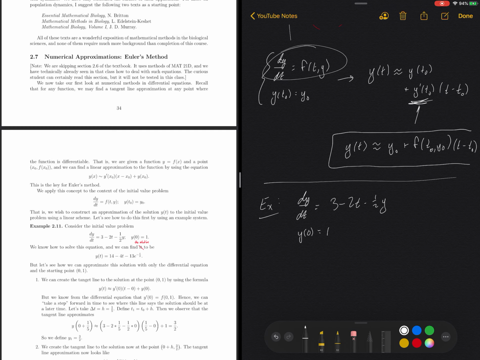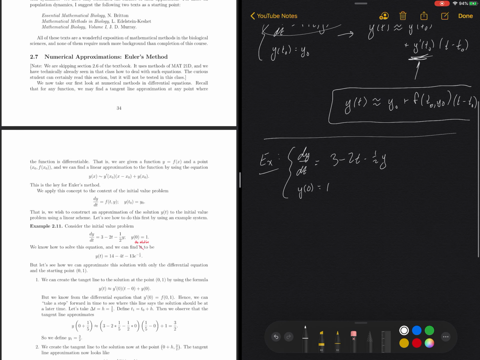So for example, dy/dt is equal to 3 minus 2t minus 1/2 y, and I'm going to give it the initial condition y of 0 equals 1. So this is an initial value problem. And we can go ahead and try to solve for the tangent line at this location.